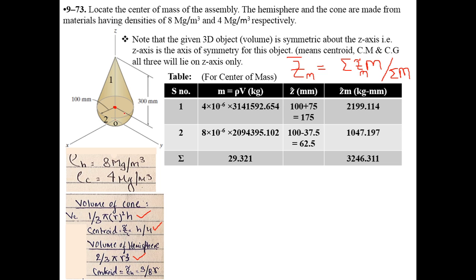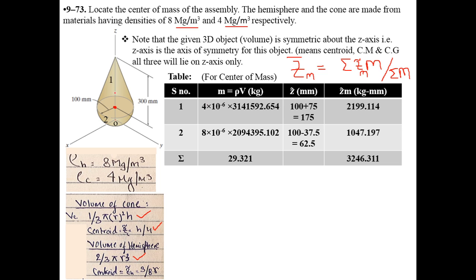But since the density of these individual volumes remains constant, for example, this hemisphere has a density of 8 megagram per meter cube, which is constant, and this cone is made up of a single material which has a density of 4 megagram per meter cube, these z tilde m's will coincide with the z tilde c.